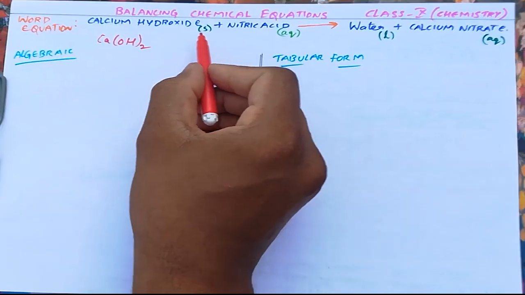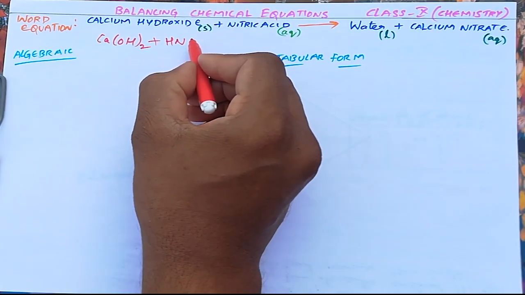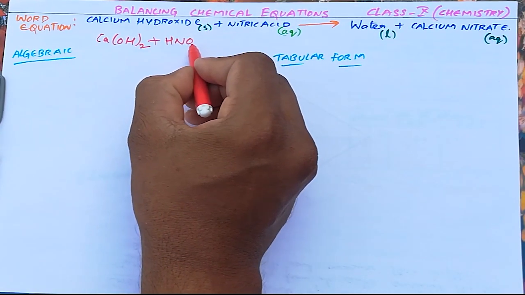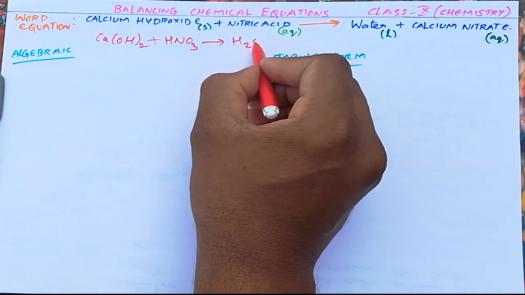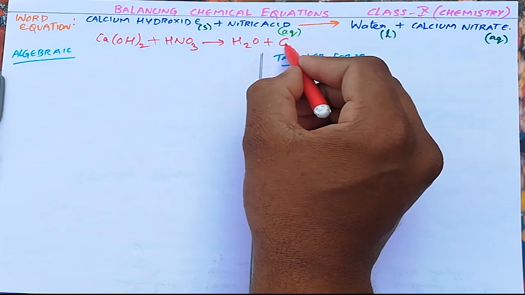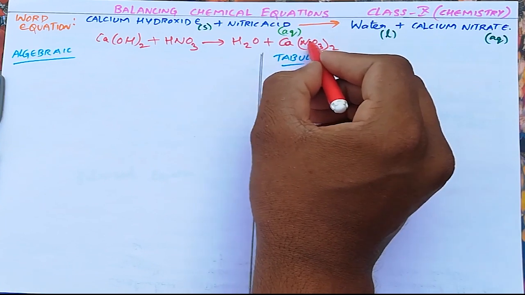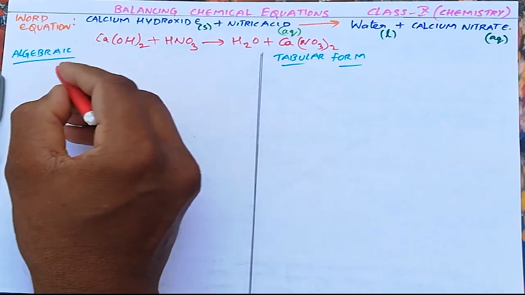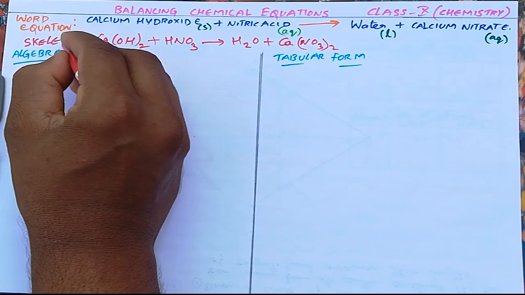Now calcium hydroxide plus nitric acid, HNO3, giving rise to water, H2O, plus calcium nitrate. Calcium nitrate is Ca(NO3) taken twice. So this is the skeleton equation. Now we need to balance this skeleton equation.